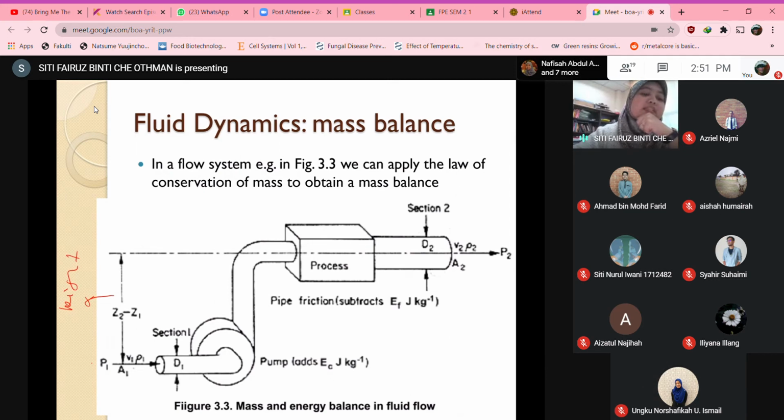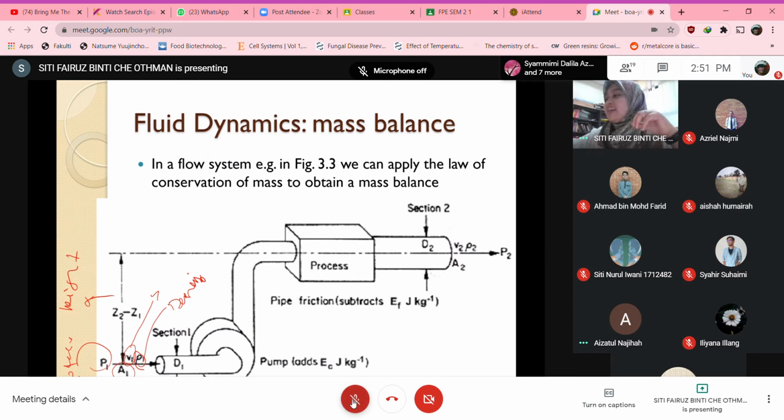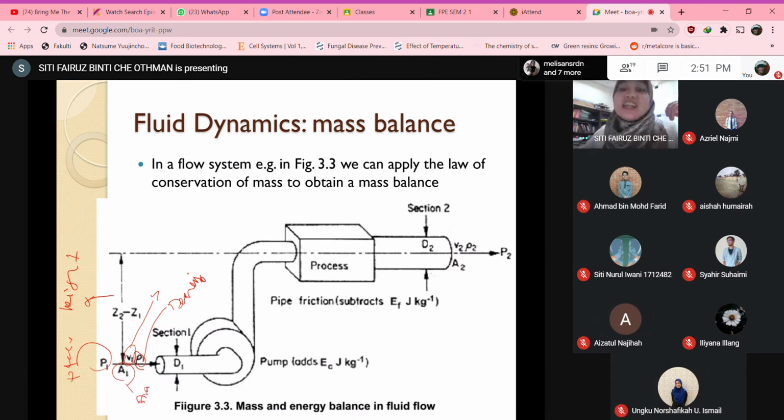P is the pressure. A is the area. Rho, density. Kat sini ada tambahan ni, V apa? Velocity. Velocity lah sebab dia bergerak.